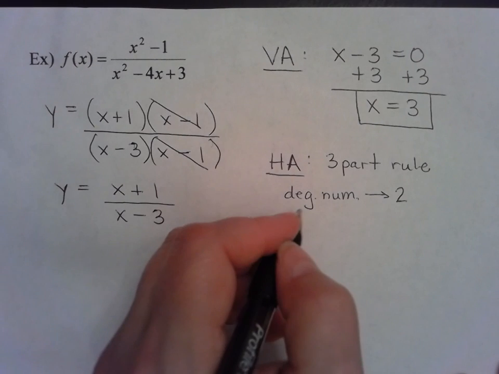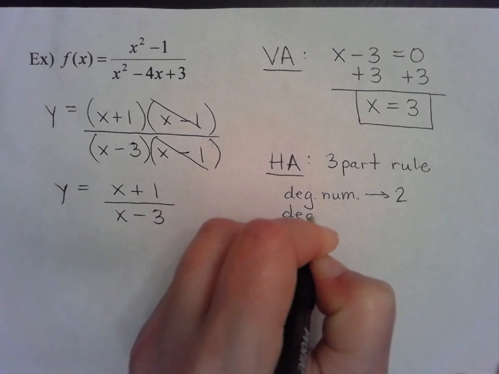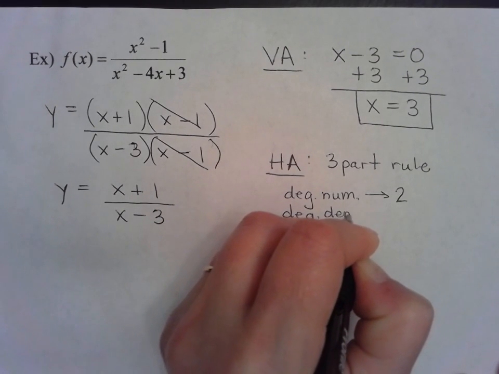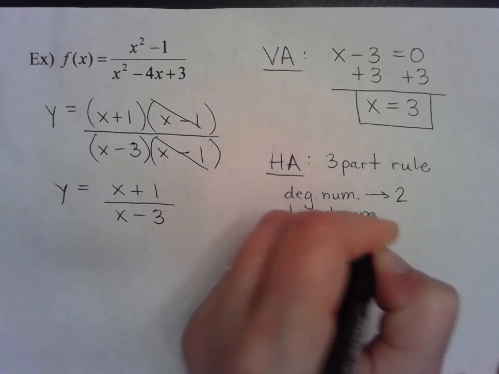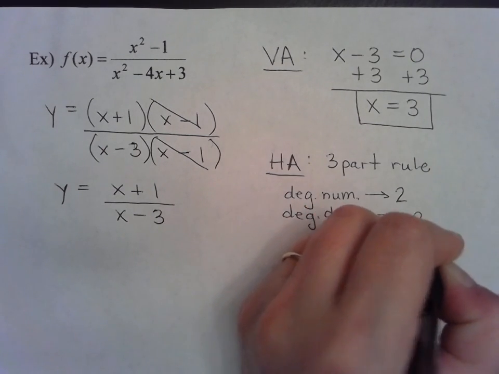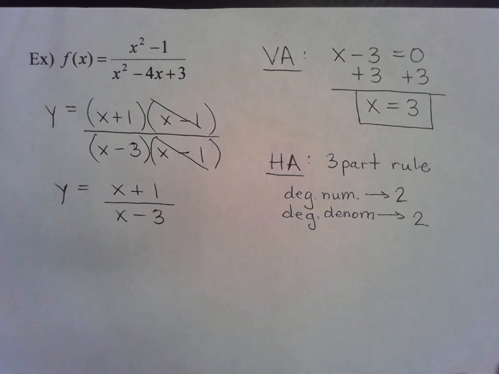So up here, it's x squared. The degree of the denominator, also x squared. So they tie, right? They match. So if you look back at that 3-parted rule, if the degrees are the same, then we do the leading coefficient over the leading coefficient.